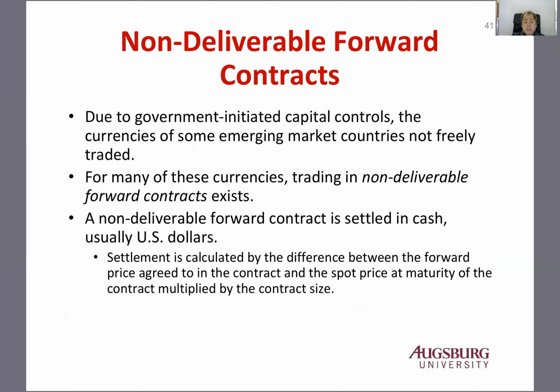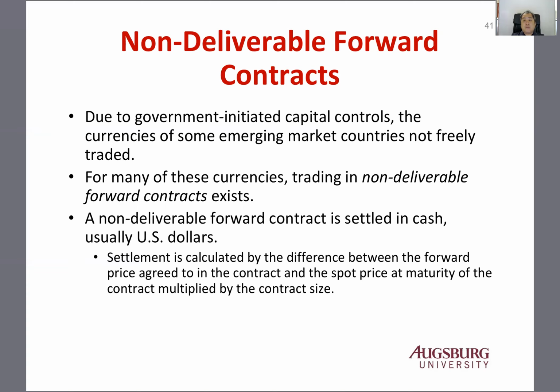Because of government-initiated capital controls, the currencies of some emerging market countries are not freely traded. As you know, many countries manage their foreign currencies, and sometimes in emerging market countries you cannot freely trade. For many of these currencies, trading in non-deliverable forward contracts exists. A non-deliverable forward contract is settled in cash, usually US dollars.